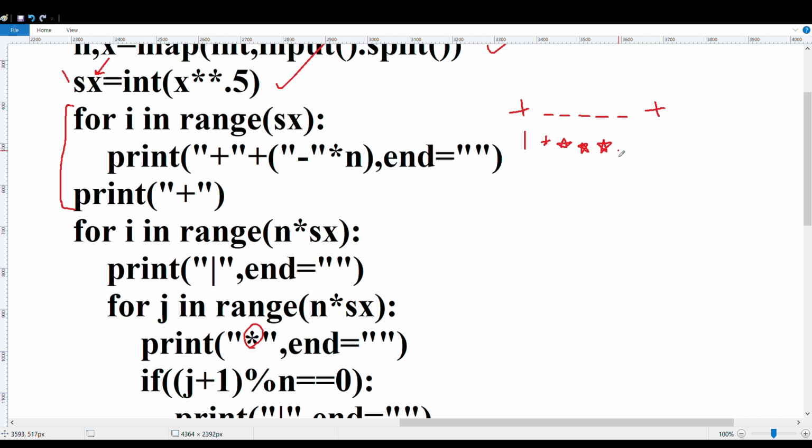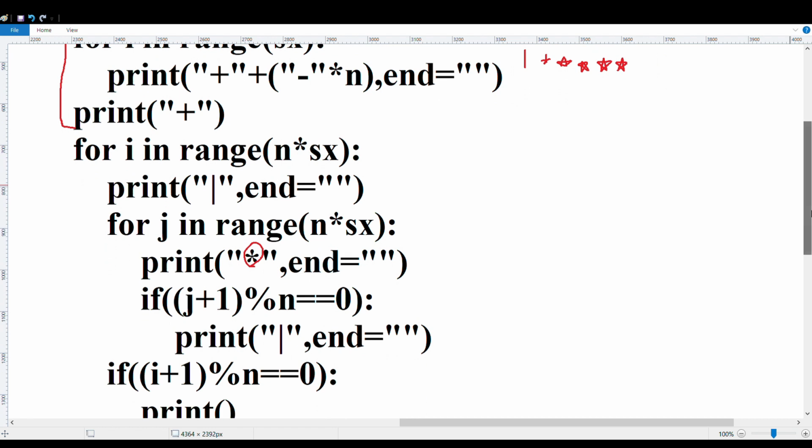Now after printing it 5 times, you get a condition like j plus 1 mod n is equal to 0, that is 4 plus 1 mod 5 will be 0. So at that time you print this symbol.